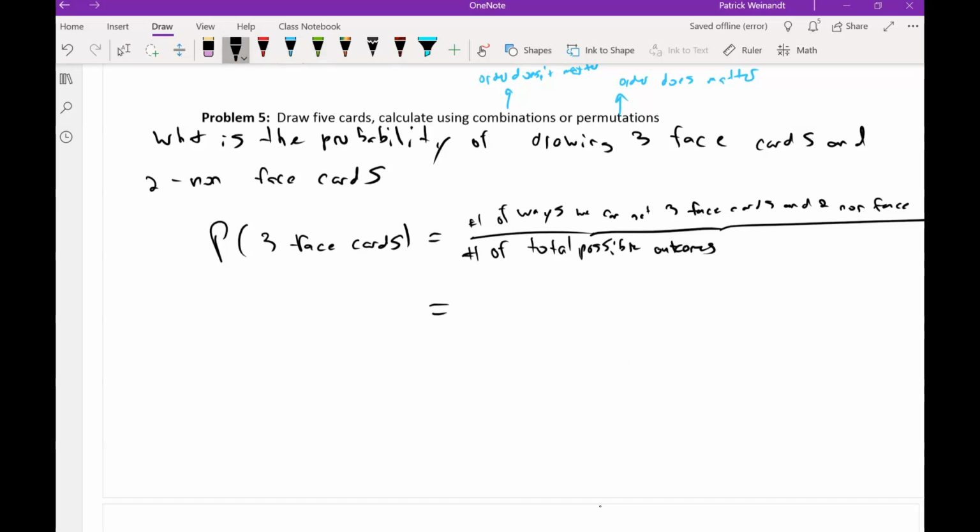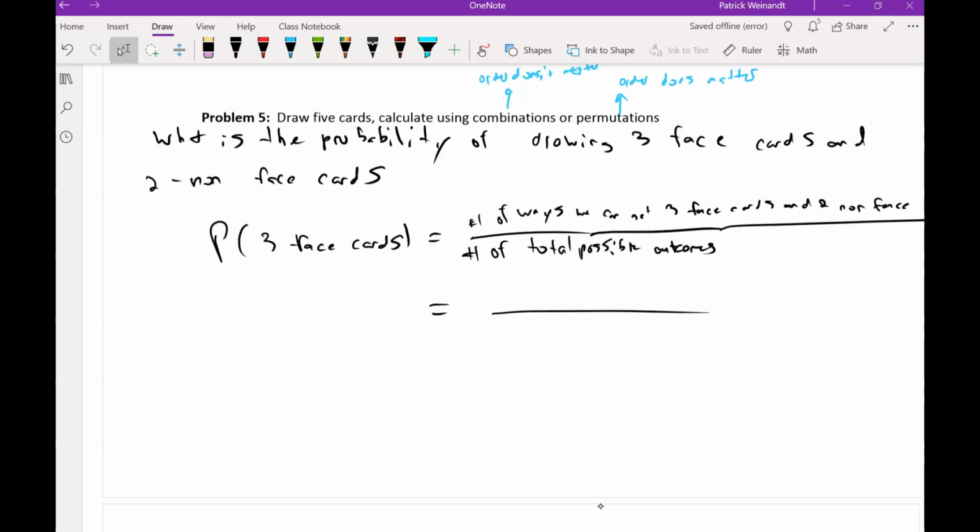So if we want to find the total number of possible outcomes, well, how many cards are in a deck? There's 52. We know that order does not matter. So it's like we're taking 52 cards and we're choosing 5 of them. The order doesn't matter, so we don't want repeated hands that are in a different order.